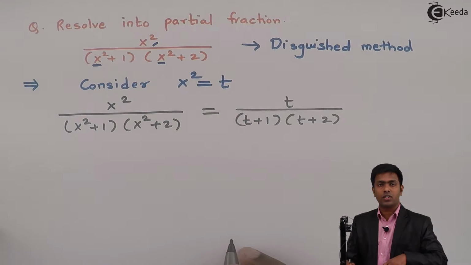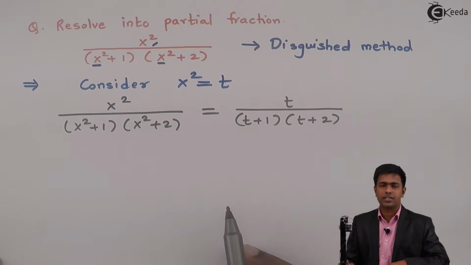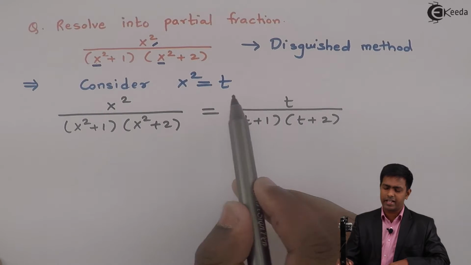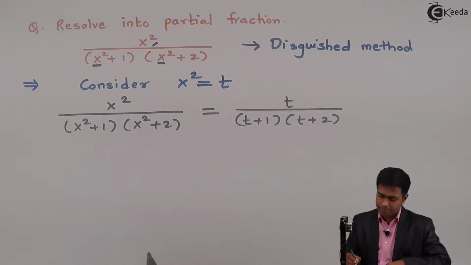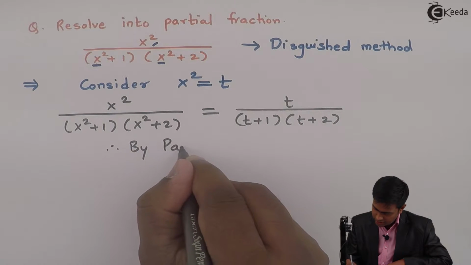And now if you observe, you will say yes, it is a linear factor in the denominator. So let's apply the method of linear factors, and after finding the answer we will resubstitute t as x square.